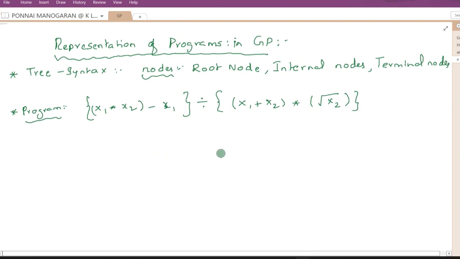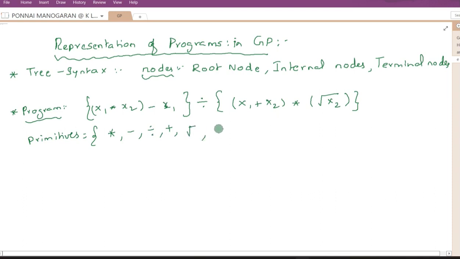Let us see how we can represent it in tree representation. You need to understand the primitives, the set of primitives. First, mathematical operators or functions: star, minus, division, plus, and a root operator.